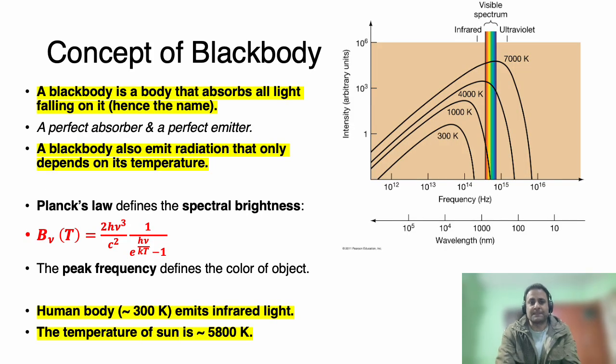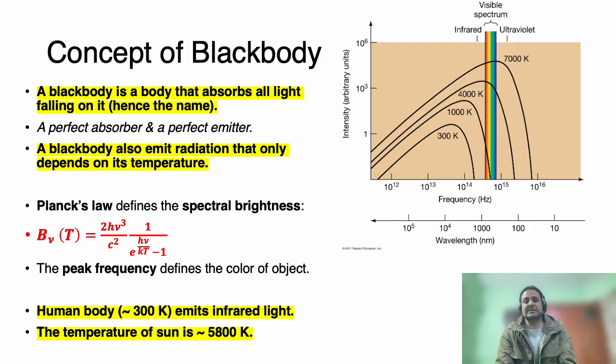Okay, so the concept of a black body is not a real physical object in the universe, but it's rather a theoretical concept that can be applied on the real world bodies so that we can make some simple calculations.